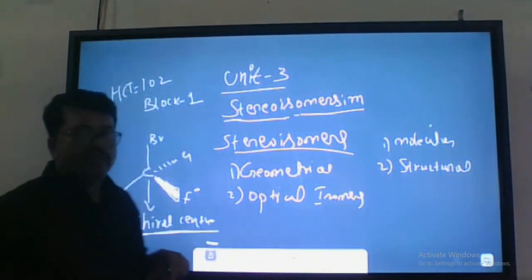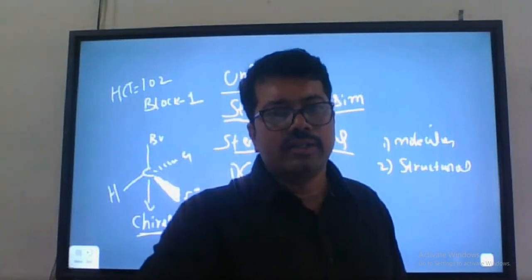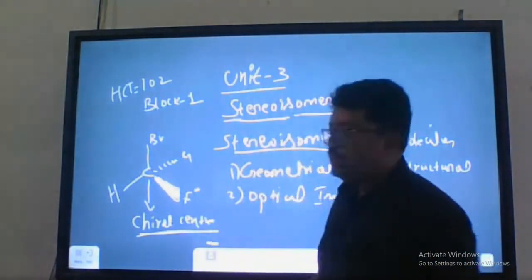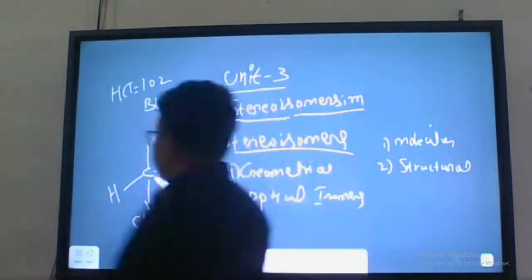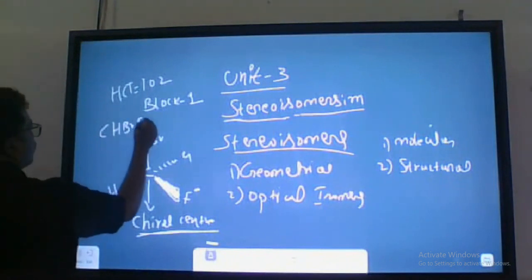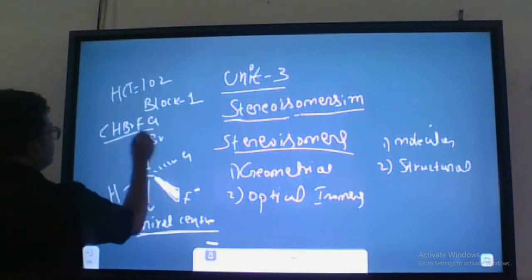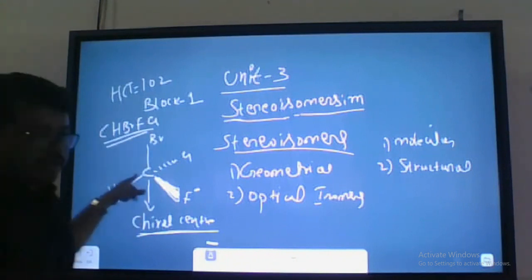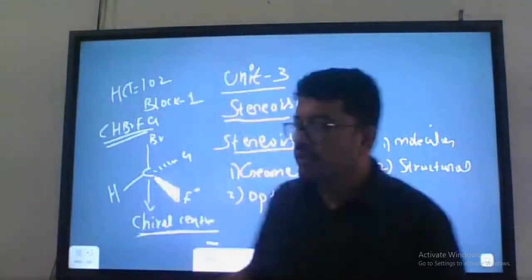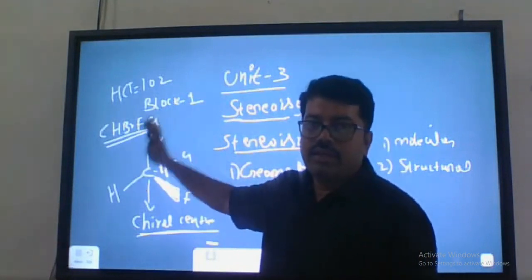We call this carbon a chiral center. So consider the example: CH, bromine, chlorine, CH and chlorine. In this molecule, all substituents are different.